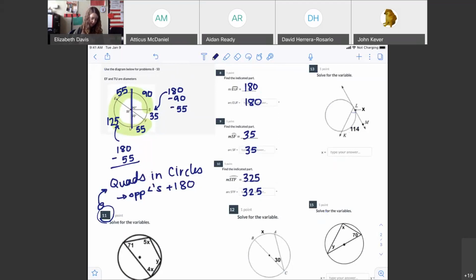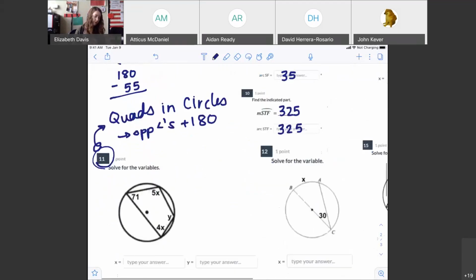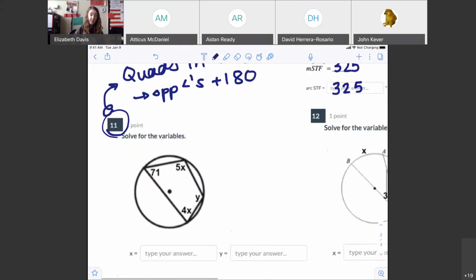All right, good deal. So opposite angles will add to 180. Remember, opposite means across from. So opposite 5x is 4x. So those will add together to equal 180. What is 5x plus 4x?